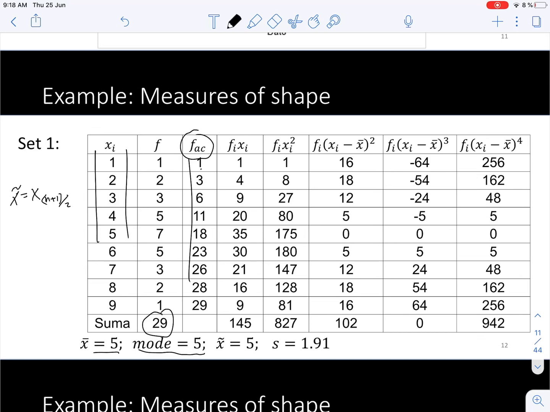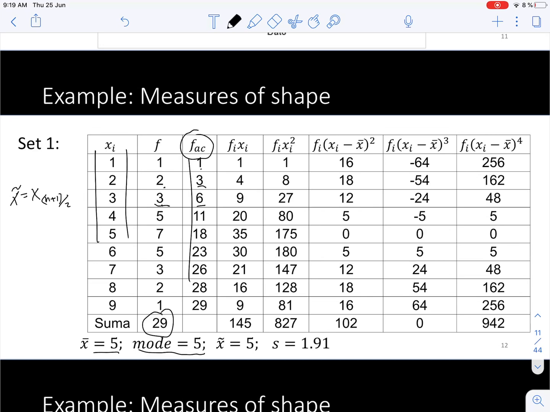Then in the second class, there are 2, right? So up to here, we have the third position. So here we have positions 2 and 3. Then in class 3, we have from position 4 to position 6. Positions 4, 5, 6, there are 3 observations. So we can keep going. So the cumulative frequency gives you an idea of what the positions are that are located in that class.